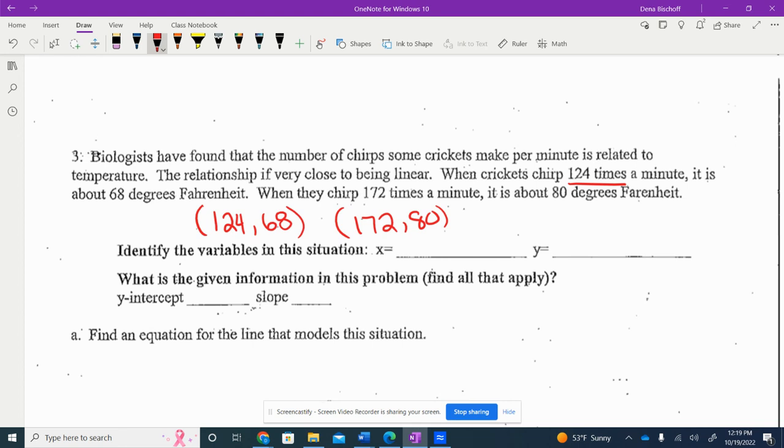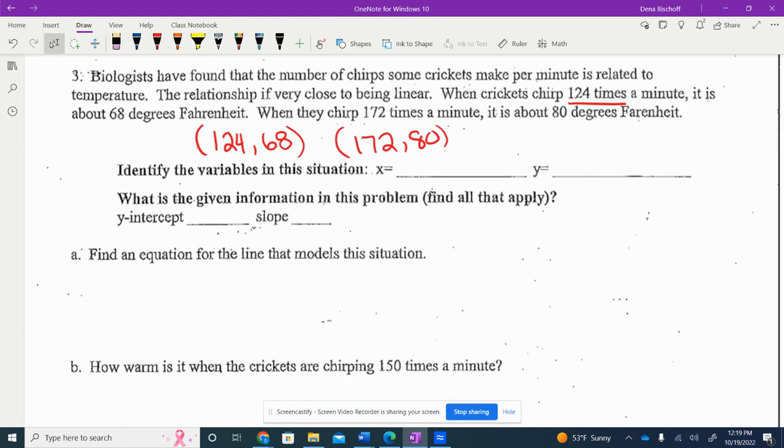How do you find an equation for this? What do you need to do? First, let's find the slope, right? y2 minus y1 over x2 minus x1.